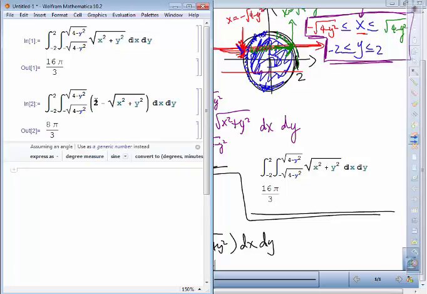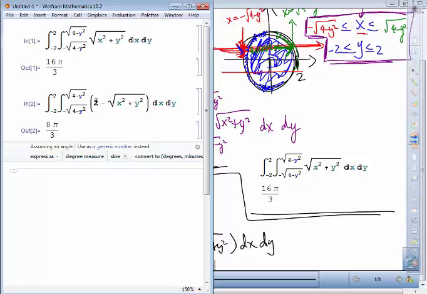So again, what was the volume of the cylinder? Did you guys figure it out? I want the actual volume. Just tell me. 16 or 4 pi or something? It'll be what? So it'll be 8 pi.